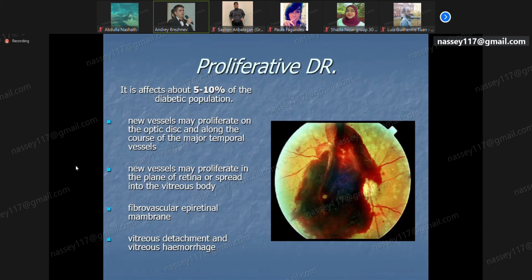Later on, condensation of connective tissue around the vessels results in formation of fibrovascular epiretinal membranes. And vitreous detachment, vitreous hemorrhages may occur in this stage. Here you see a huge hemorrhage which covers the central part of the retina, inferior and superior quadrant, in this photo.